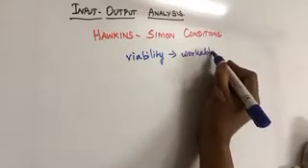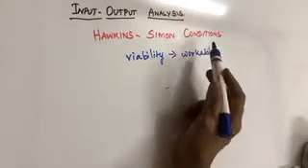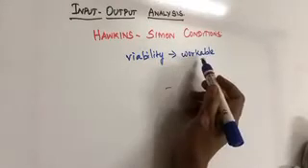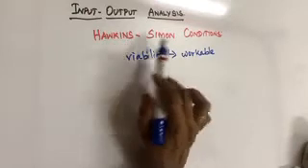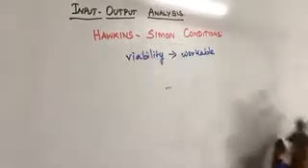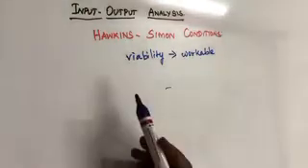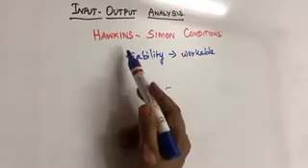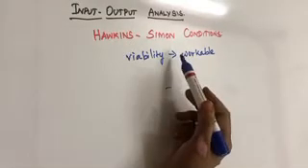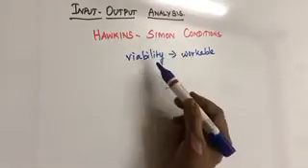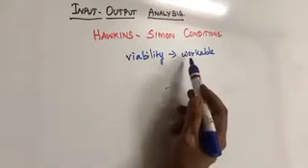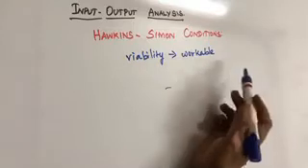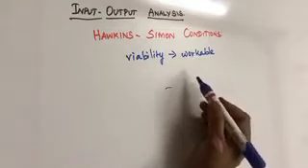These conditions analyze the input and output of two interdependent companies and tell whether the system is viable, whether it will work or not, according to the input, output and demand.